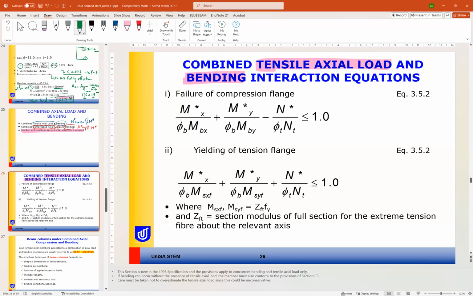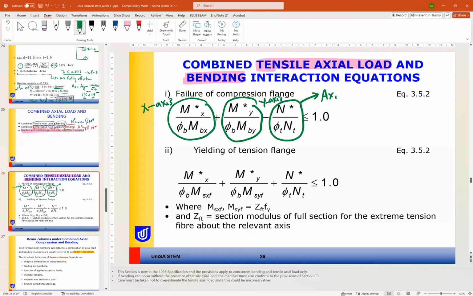We have M asterisk x over phi b M bx, so this is for moment about x, this for moment about y, and this for the axial tension. As you can see here, the main thing is that we have a negative sign. So this is for failure of the compression flange.